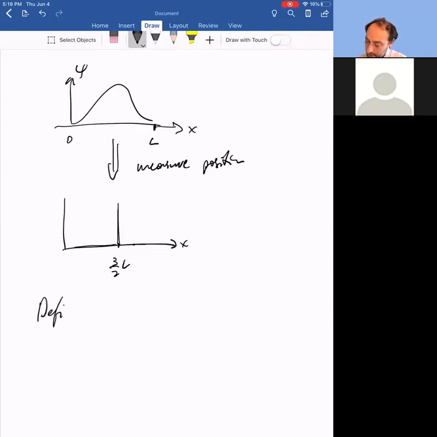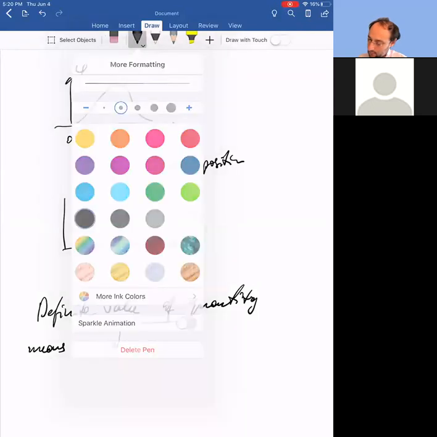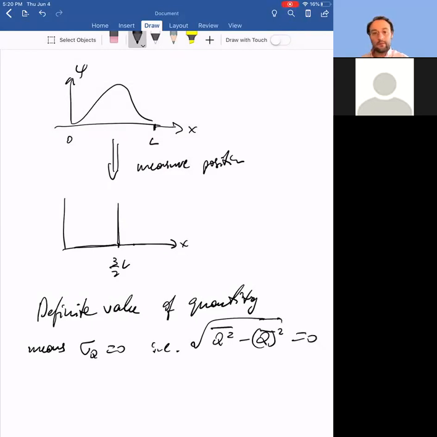So definite value of quantity Q means that the standard deviation of the quantity Q equals 0, i.e. the expectation value of Q squared minus the expectation value of Q, quantity squared, equals 0.